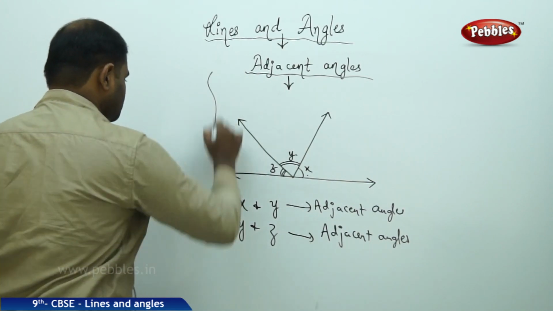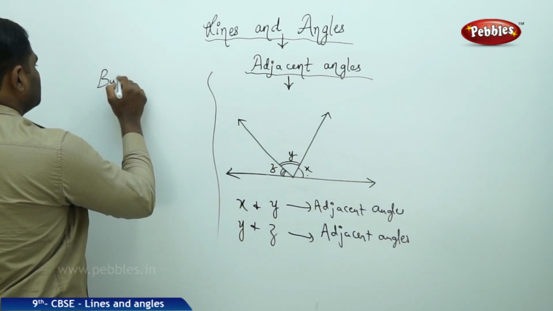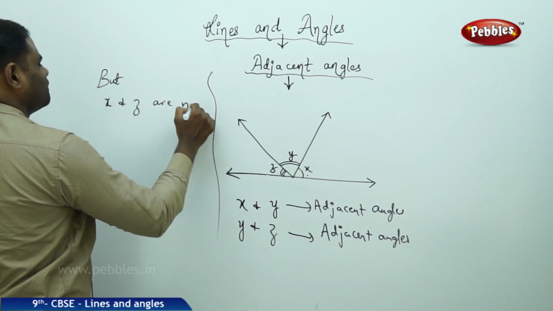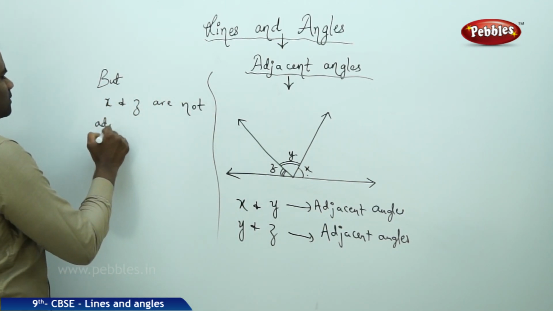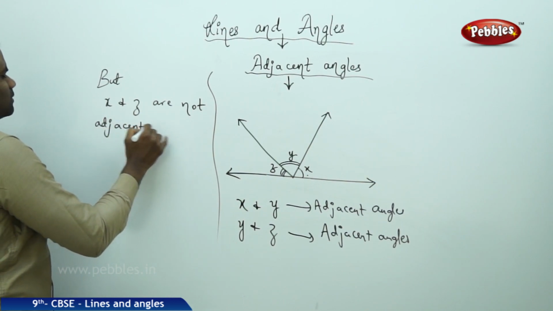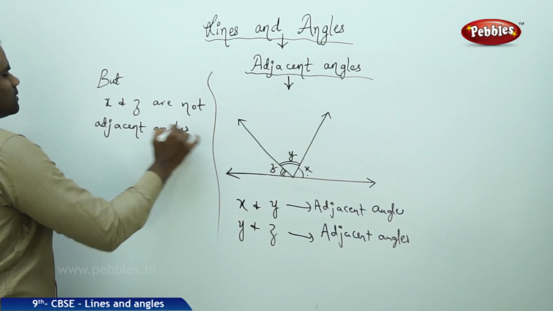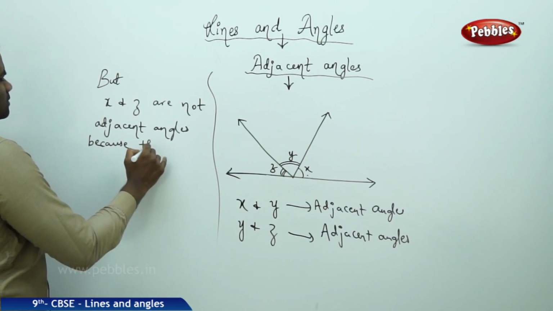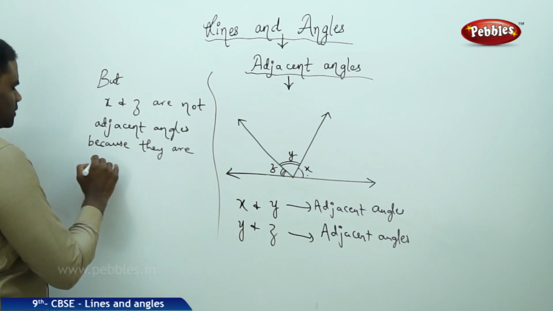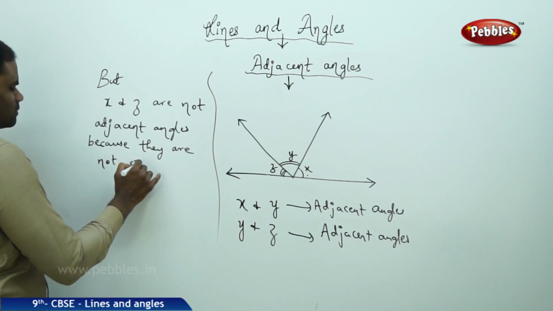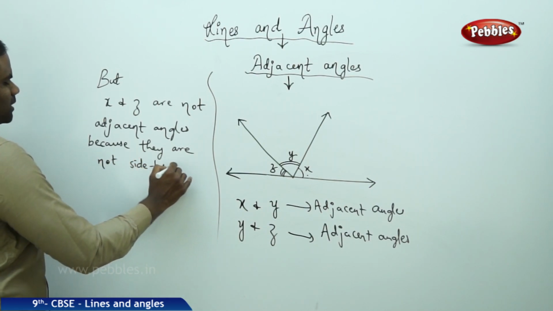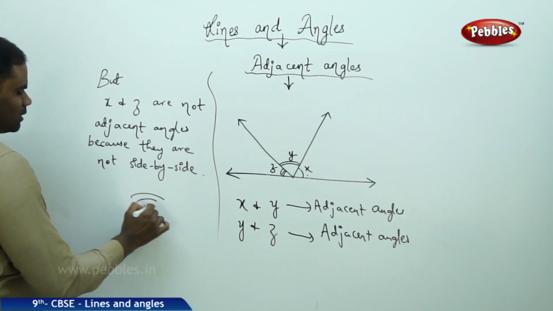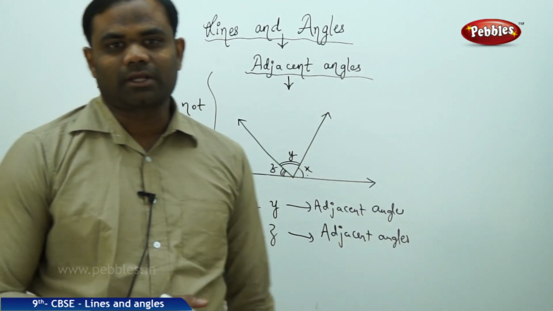Therefore X and Z are not adjacent angles because they are not side by side, which is the rule I identify for adjacent angles.